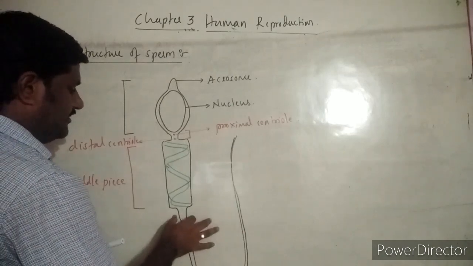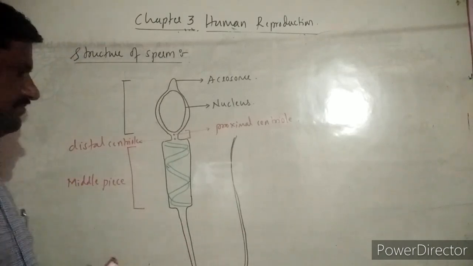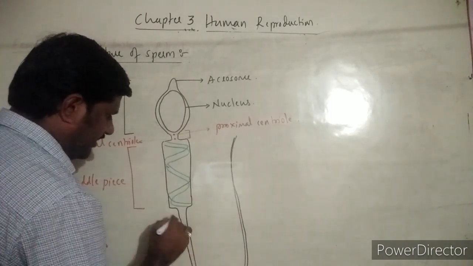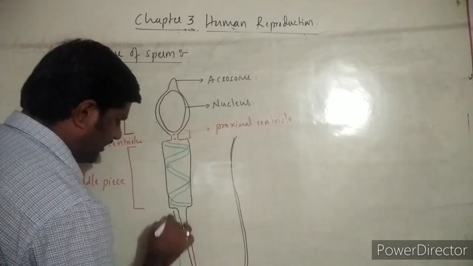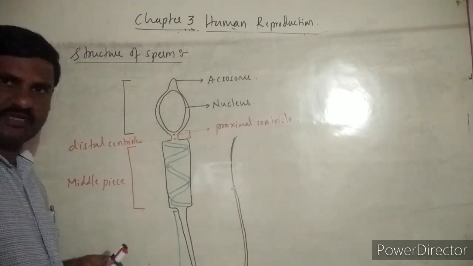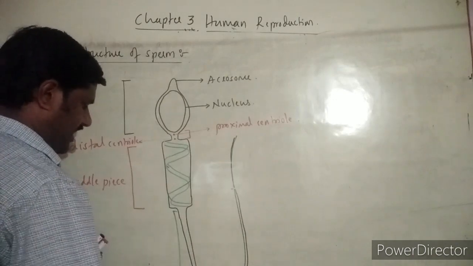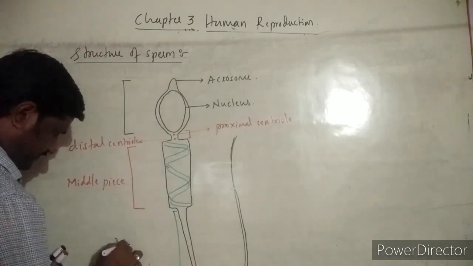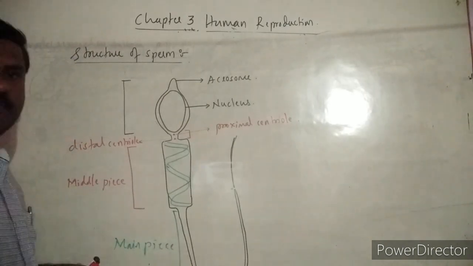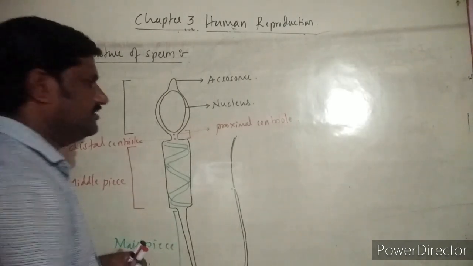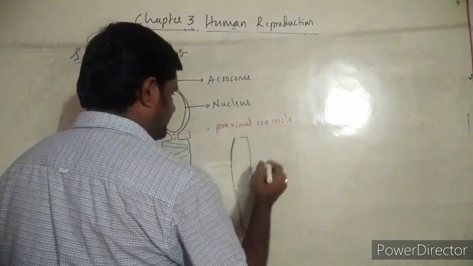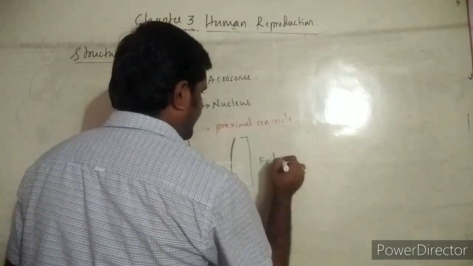And this is the tail portion. In the tail portion, from the initial portion of the tail up to this portion, this part is said to be the main piece, and this portion is said to be the end piece.